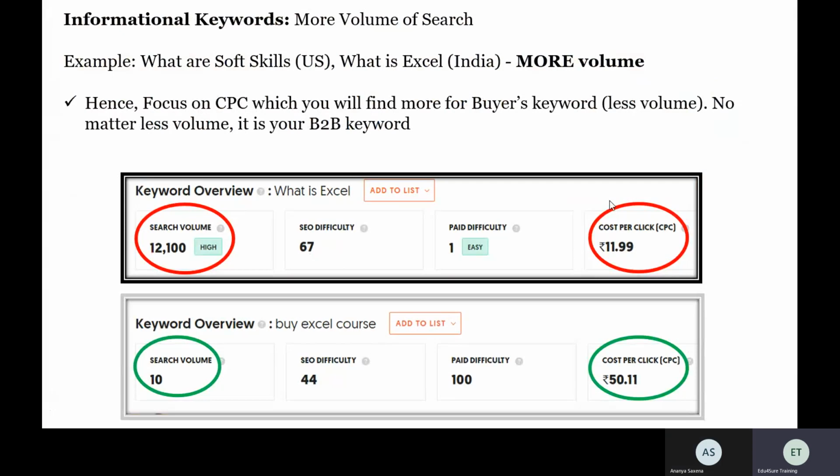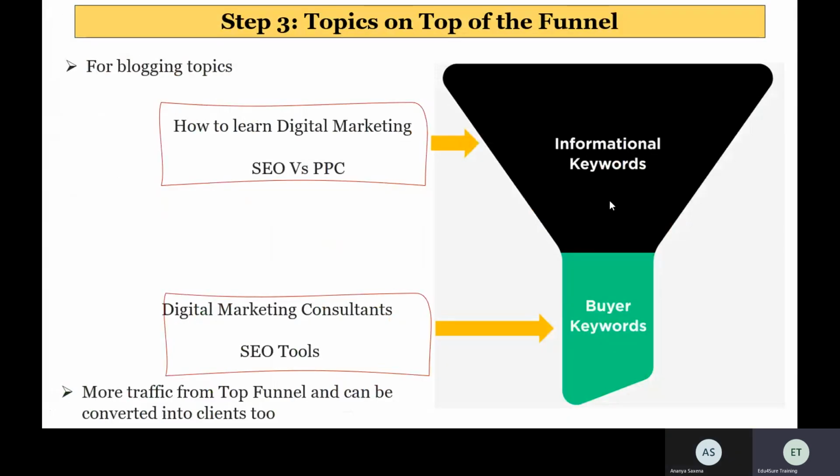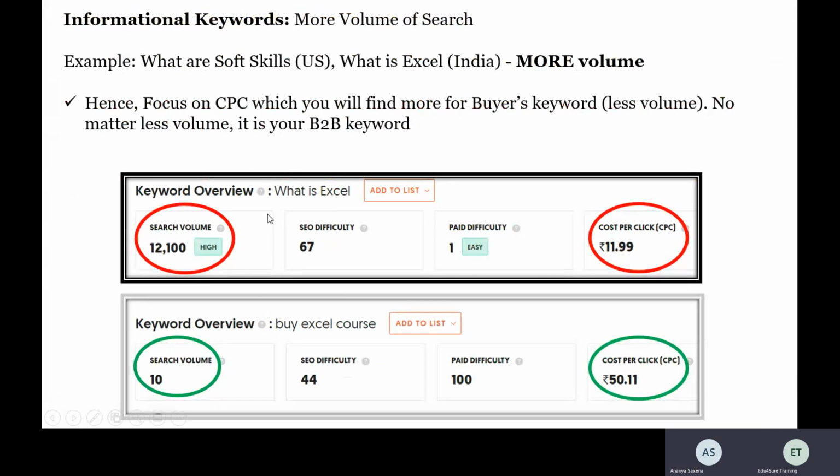So I am still discussing this example. Because we had discussed this in detail, but this was slightly left. Informational keywords, the top part of the funnel, have more volume of search in a month. For example, if I am searching what is Excel, what is Excel can be searched by anybody.